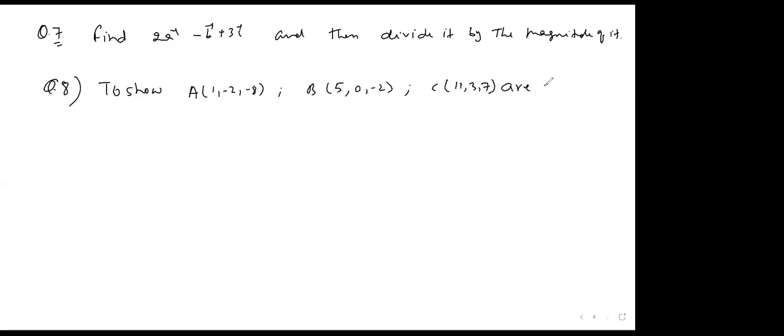Are collinear. And then we have to find the ratio in which B divides AC.